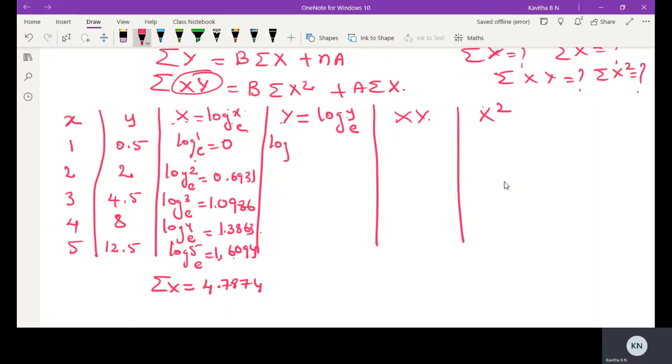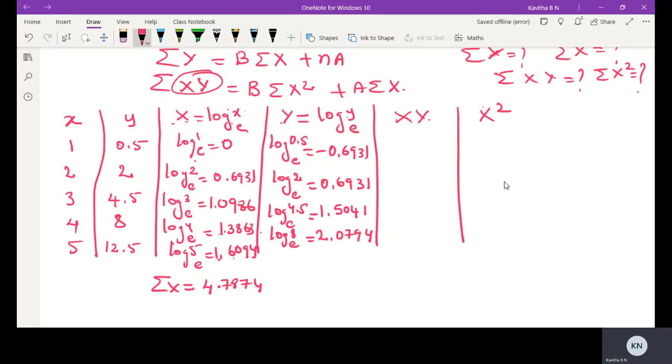Okay. Then similarly find out capital Y. Capital Y is equal to log of 0.5 base e, which is minus 0.6931. Log of 2 base e is 0.6931. Log of 4.5 base e value is 1.5041. Then log 8 base e is 2.0794.